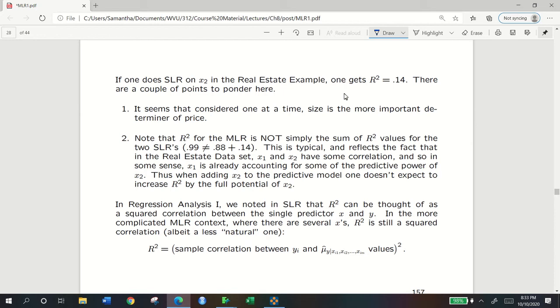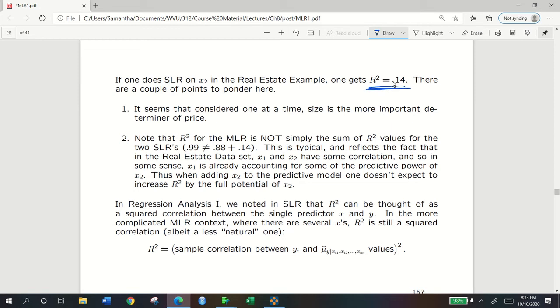Now, one little thing to talk about still with our real estate example. If we were to go through and calculate the simple linear regression model using only the predictor of condition, we would get an R squared value of 0.14.